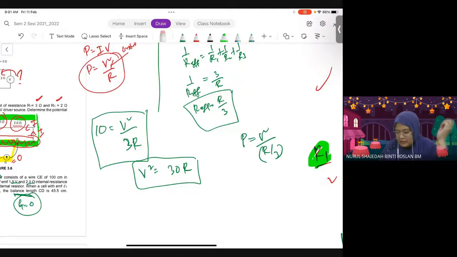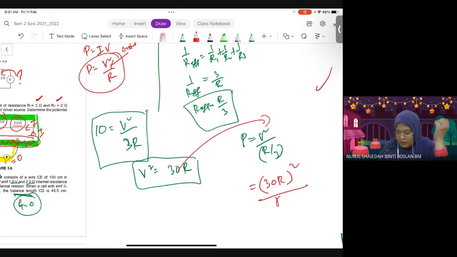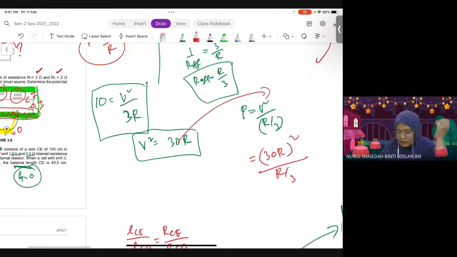Sekejap. Sikit lagi. Okay. So bawa ke sana. P nak cari, V square tadi 30R. R ni masuk dalam ni. V square over R over 3. So you akan dapat 30R squared R over 3.